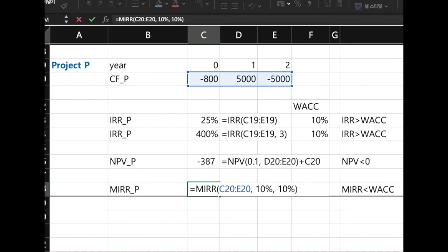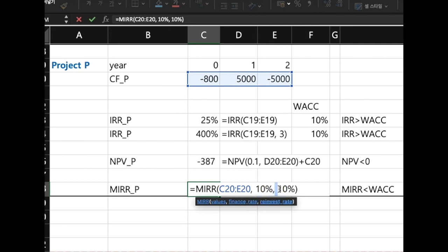You can also calculate using Excel. The function name is MIRR. Firstly, you input all the cash flow from T0 to T2 here, right? And there are two interesting types of rate. One is finance rate, and second one is reinvest rate.